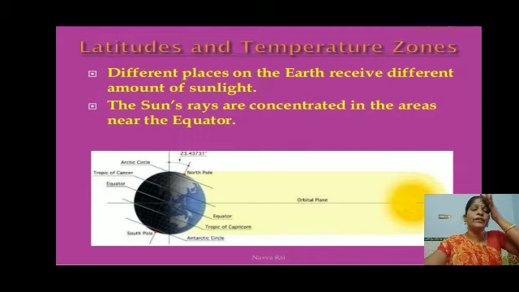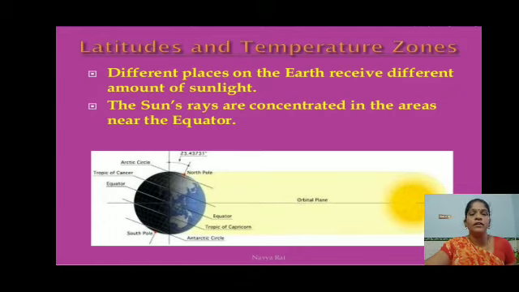It rotates west to east, everything we know. Here our earth receives sunlight in different amounts in different places. The equator part receives direct sunlight always.